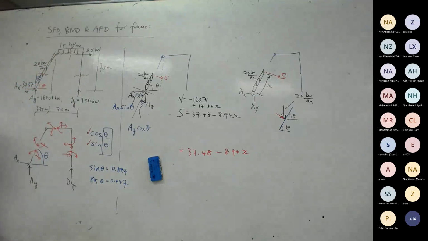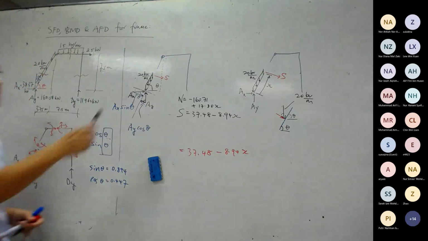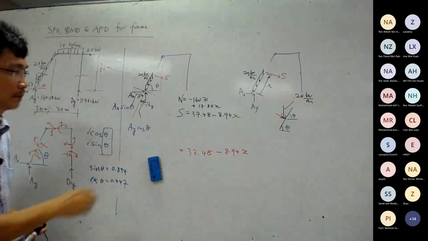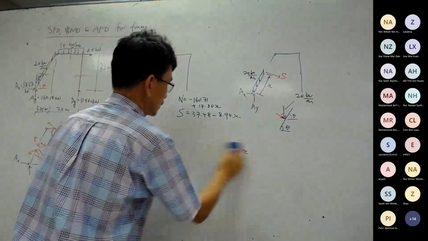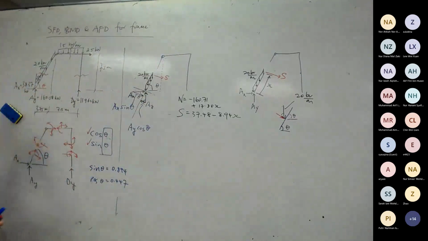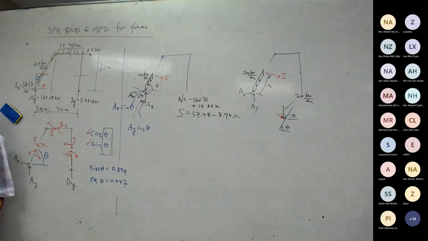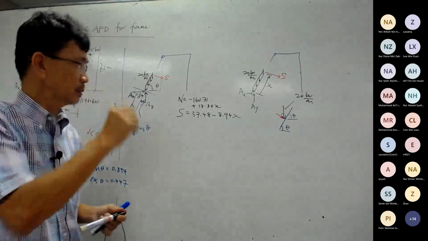That is the variation of axial force and shear force. It is recorded. After that, you can get back again, just write down the main point.